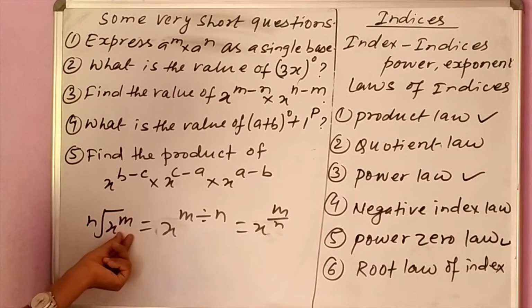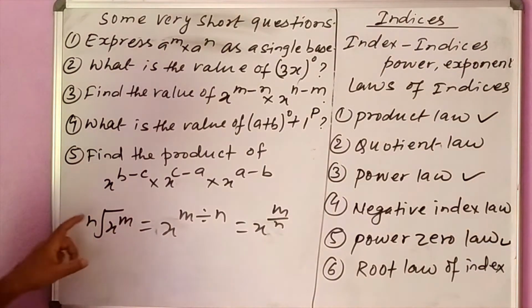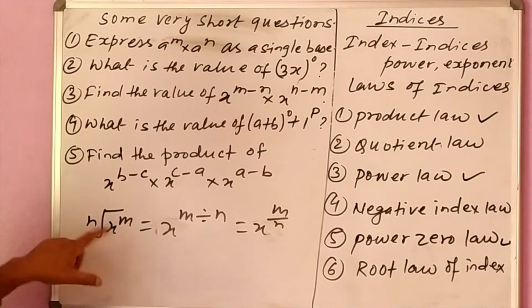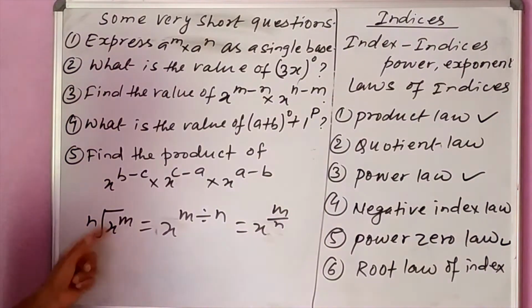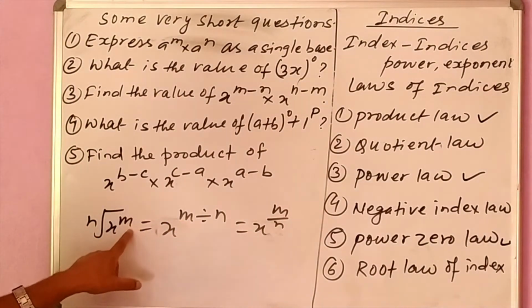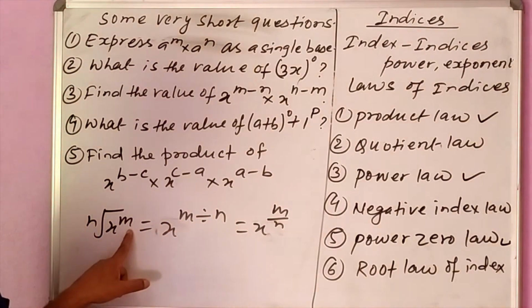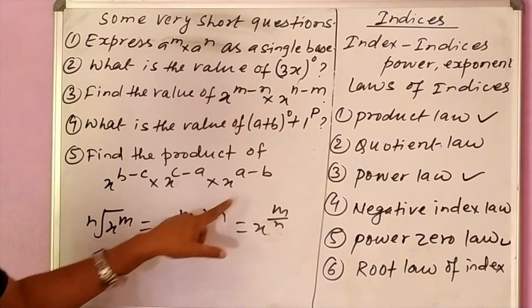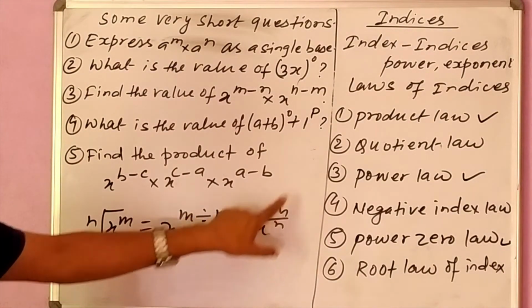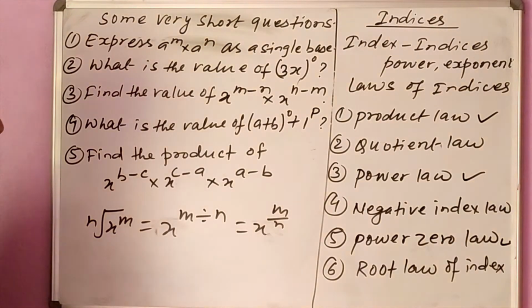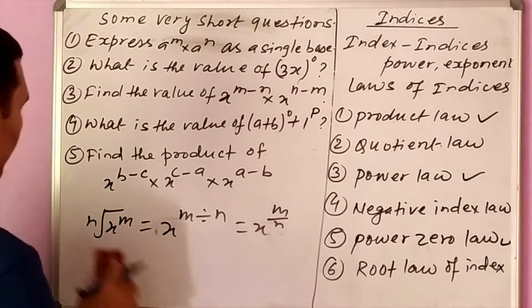What is there inside this radical sign? It is known as the radicand, and this is known as the order. So while removing this root, this order always goes to divide the power of the radicand, that is m divided by n. Or x to the power m upon n we can also write. This is known as the root law of index.